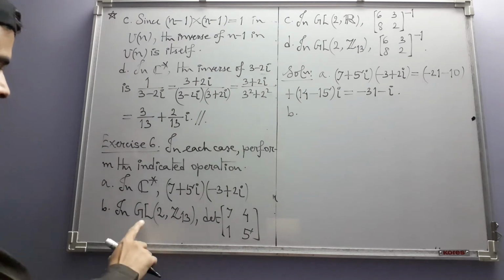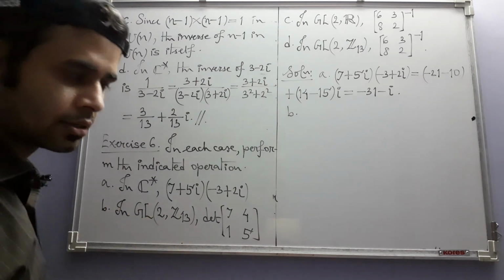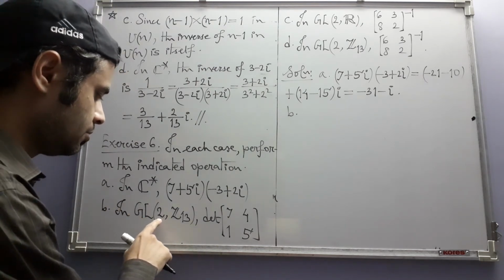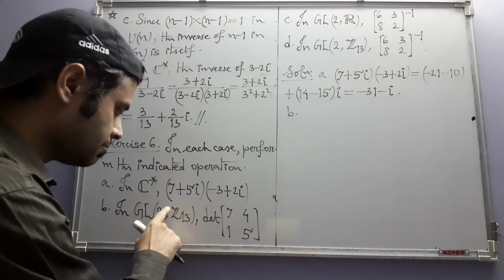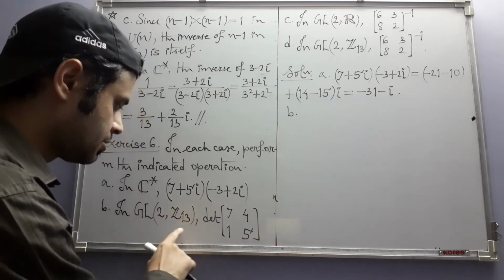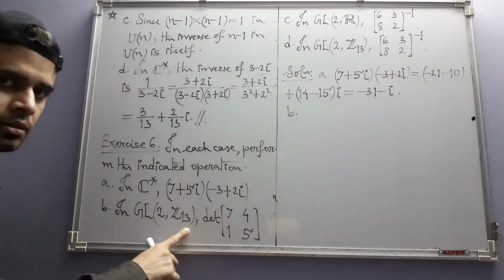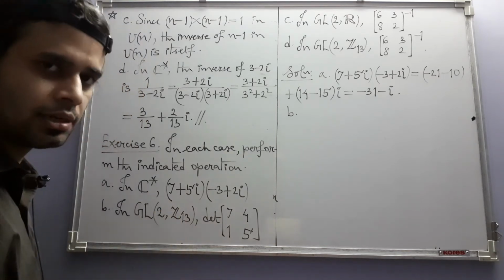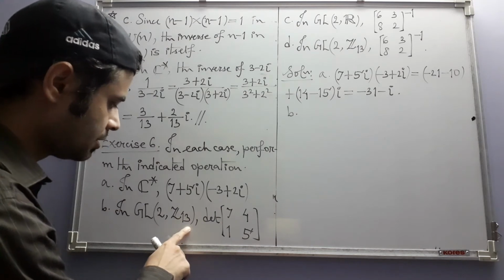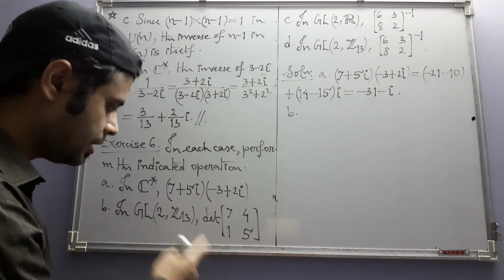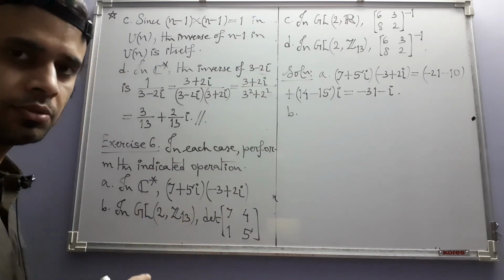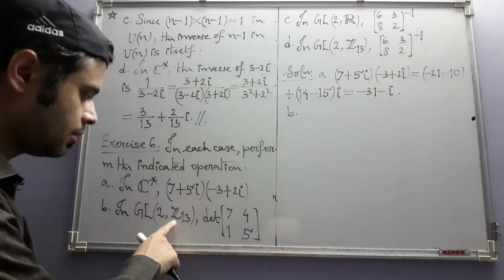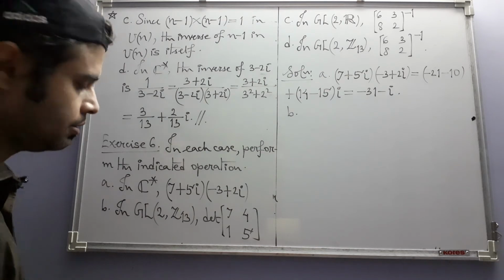Part B. So this is the general linear group of 2 by 2 matrices where the entries are coming from this set Z13, which itself is the group of integers starting from 0 all the way up to 12, and the operation is addition modulo 13.